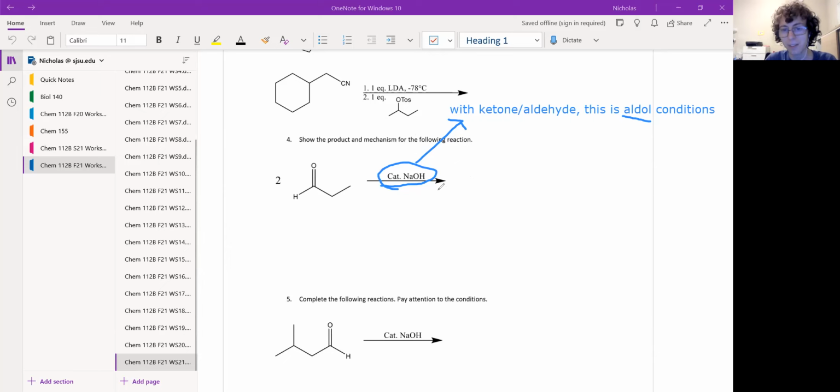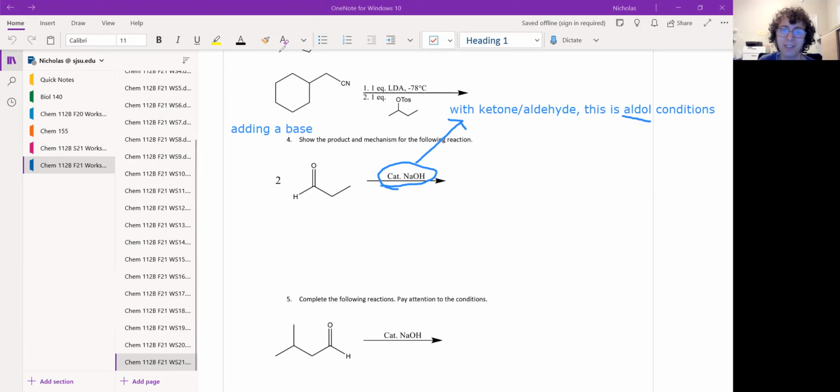We're adding a base here, so even if you weren't sure how this is supposed to start, you can think about, well, what does a base want to do?